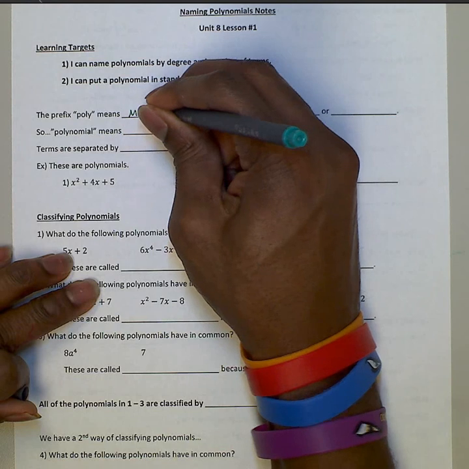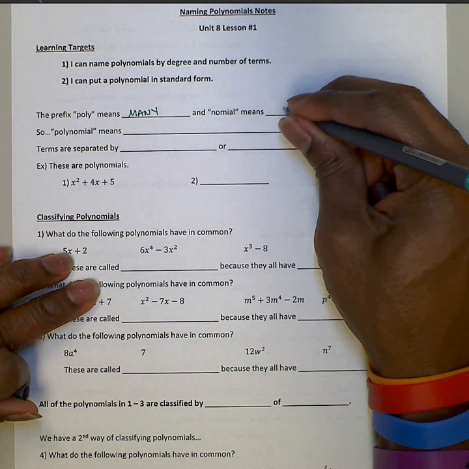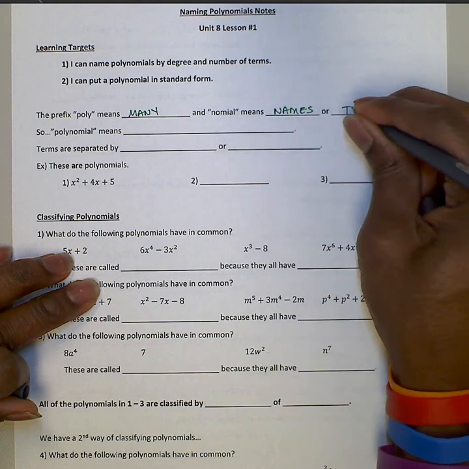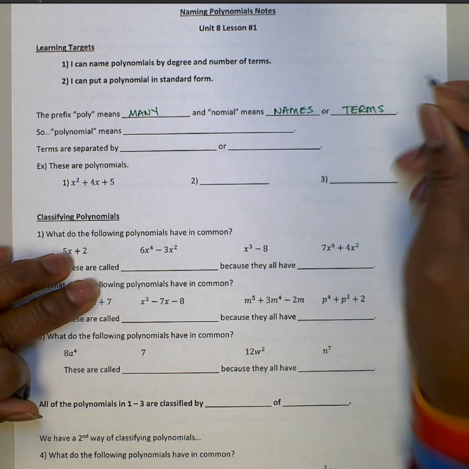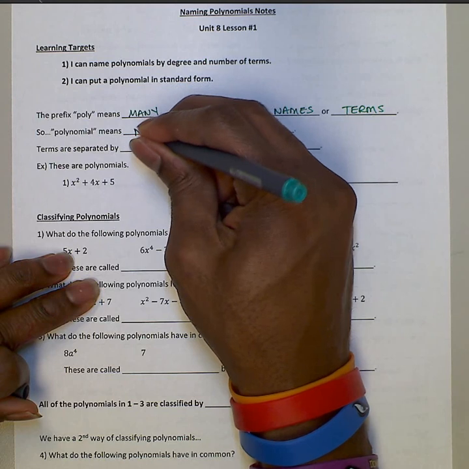Many. And nomial means names or terms. Okay, and that's where our polynomial comes from. So polynomial means many terms.